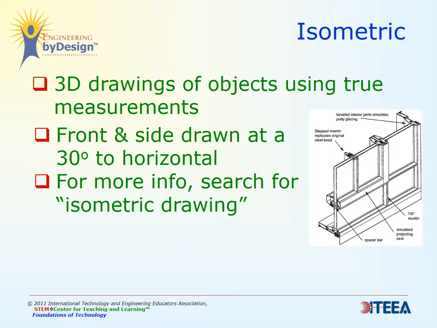You've got your space bars. You've got your simulated projecting vent. Front and side are drawn at a 30-degree angle to the horizon. That is one of the characteristics of isometric. For more info, search for isometric drawing online.